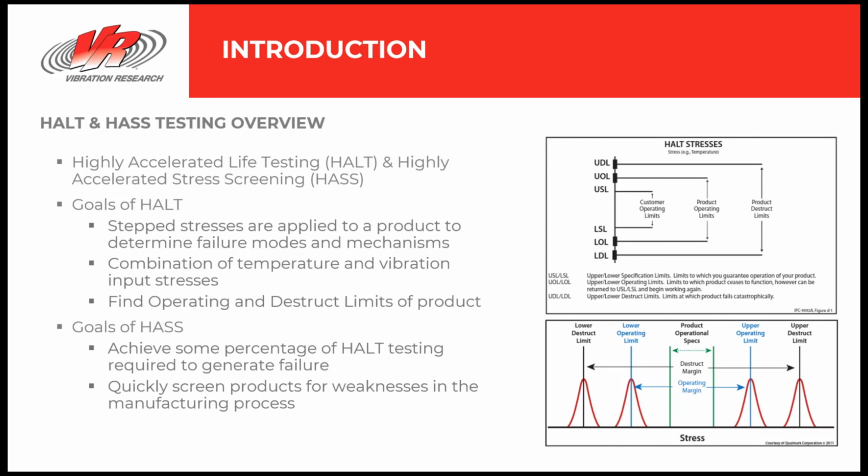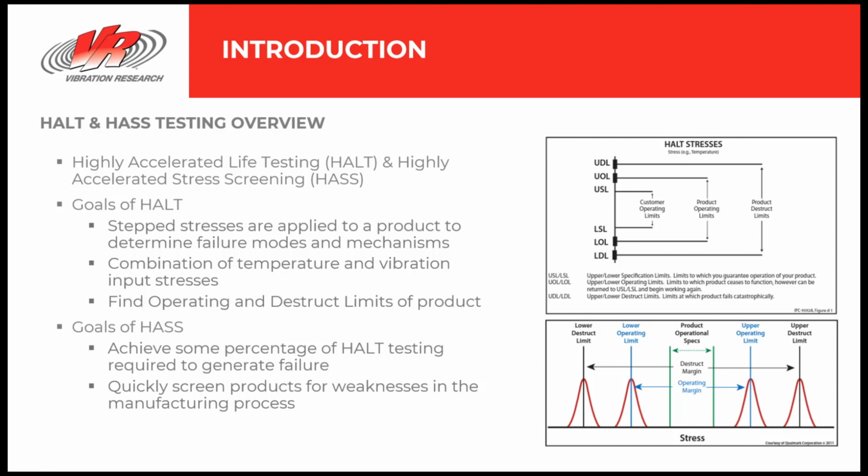So let's jump into today's actual content. First, just a brief introduction to HALT and HASS. HALT is really about determining failure modes, whether it be the operating failure modes or destruction failure modes. And what we do is combine a variety of stresses.